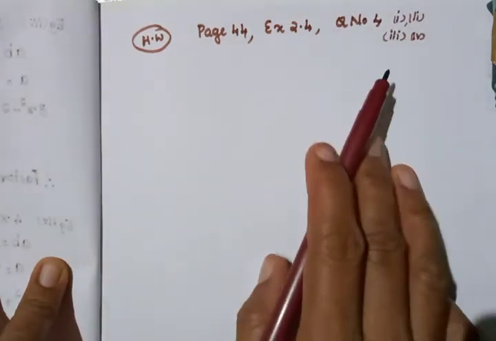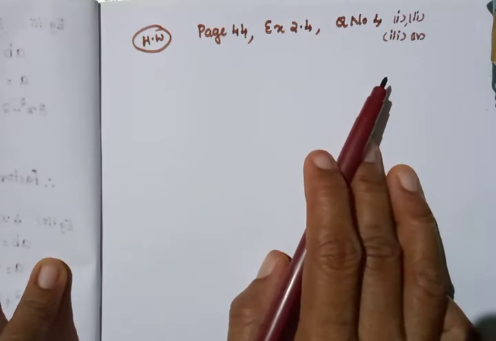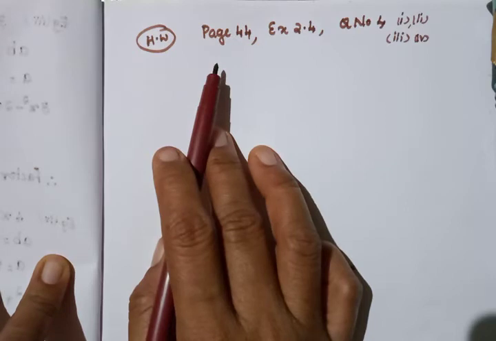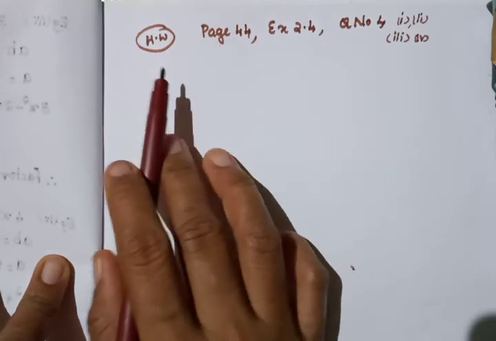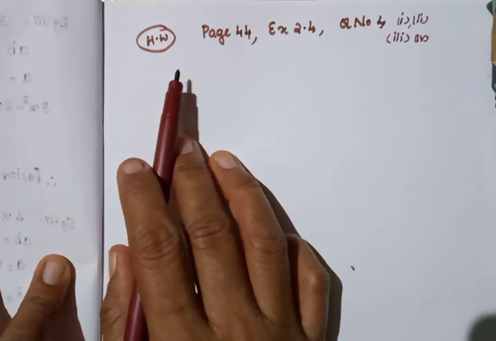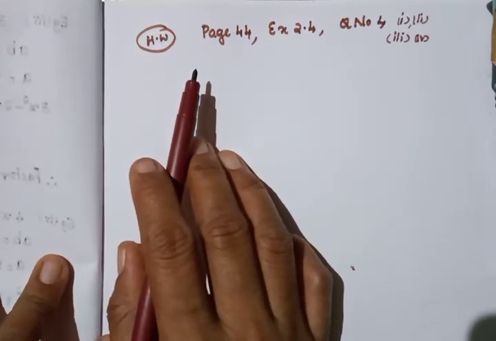Clear? There are 4 sub questions. Now you have seen we are factorizing a quadratic polynomial by the splitting the middle term method. So can we use the factor theorem for that?